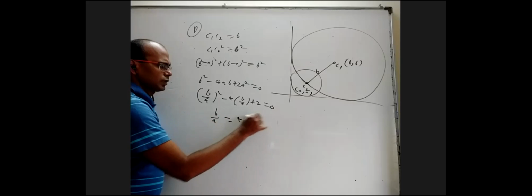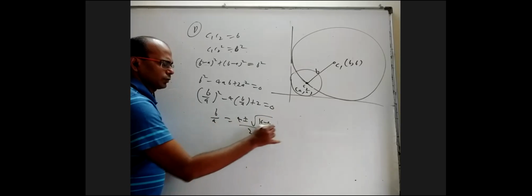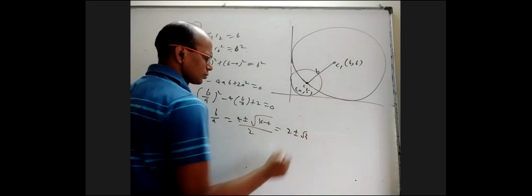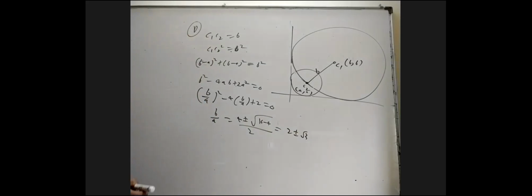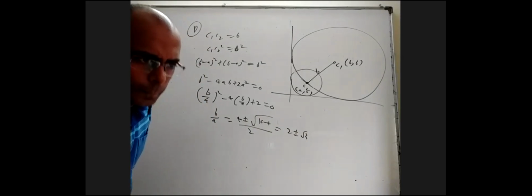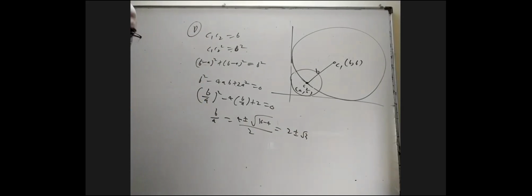4 plus or minus square root of 16 minus 4, by 2. This is 12, 2 root 3, 2 plus or minus root 3. Earlier also we got 2 plus or minus root 3, right? Did I write something wrong? Did we get 2 plus root 3 earlier? No, right?